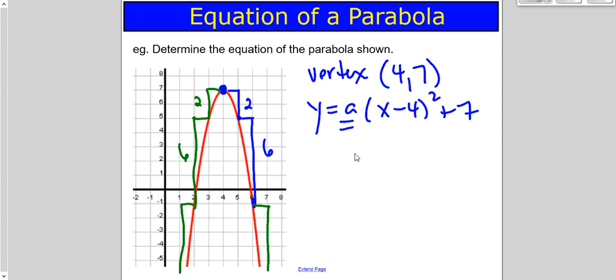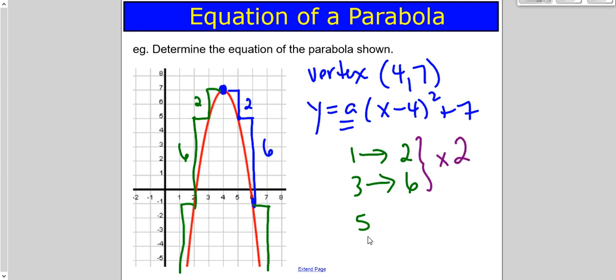So my step pattern used to be 1, 3, 5, but now my step pattern is 2, 6, and something. I'm not quite sure what that third one is, but how did I go from a 1 to a 2 and a 3 to a 6? What did I multiply the 1 by and the 3 by in order to get to a 2 and a 6? And we can see that we had to multiply by 2, okay?